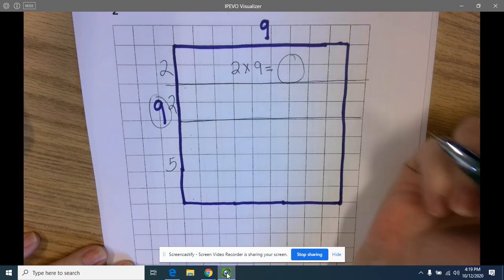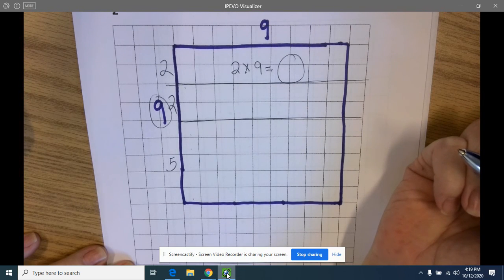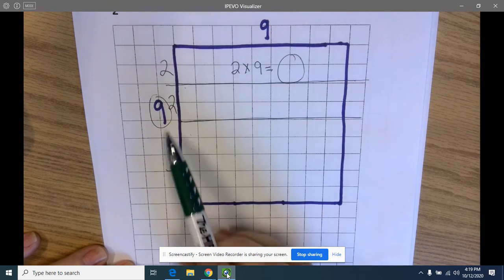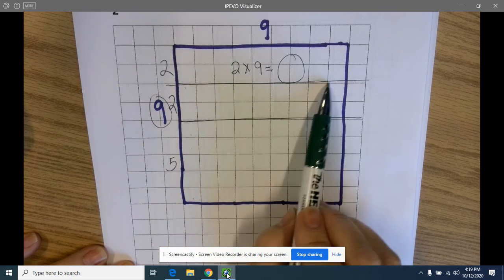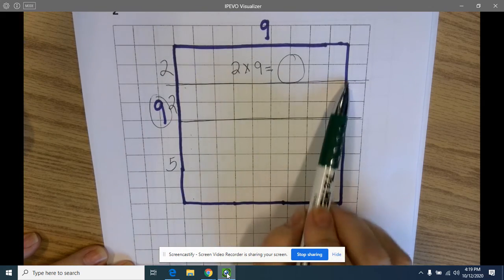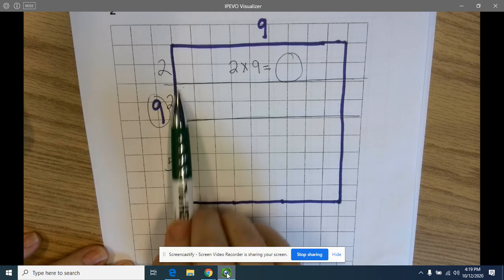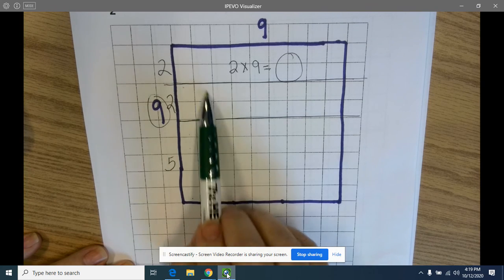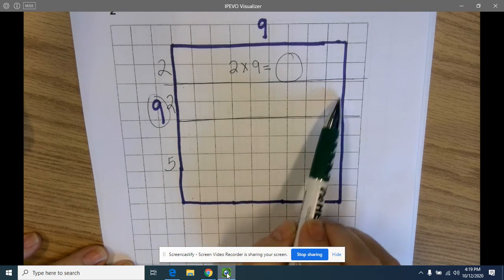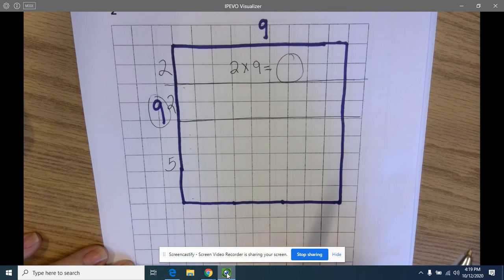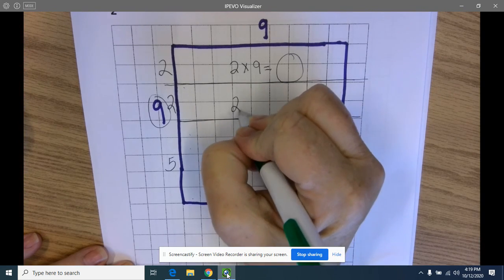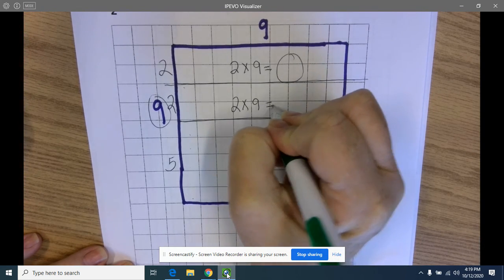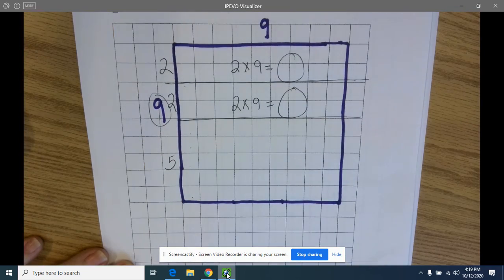Go ahead and solve that. Again, we have another smaller array. What are the dimensions? How many rows and how many columns do we have? If you said, oh, that's another 2 by 9 array, you'd be right. What is 2 times 9?